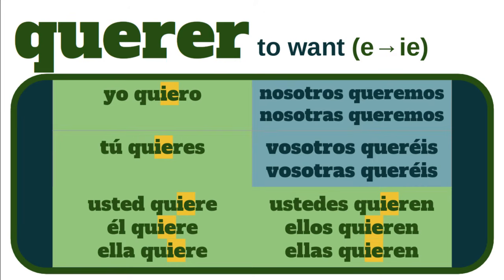So here's our chart with all the 6 forms of the verb and the pronouns that they go with. Yo quiero, tú quieres, usted quiere, él quiere, ella quiere, nosotros queremos, nosotras queremos, vosotros queréis, vosotras queréis, ustedes quieren, ellos quieren, ellas quieren.